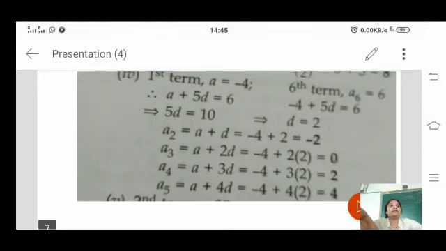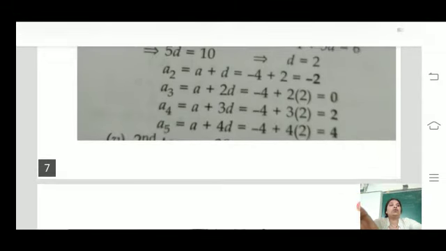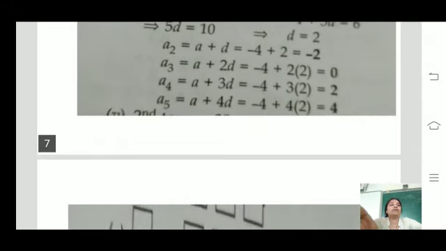A4 is A plus 3D, minus 4 plus 3 into 2, that is 6, minus 4 plus 6 gives 2. A5 is A plus 4D, minus 4 plus 4 into 2, that is 8, minus 4 plus 8 gives 4. Hence the required terms are minus 2, 0, 2 and 4.